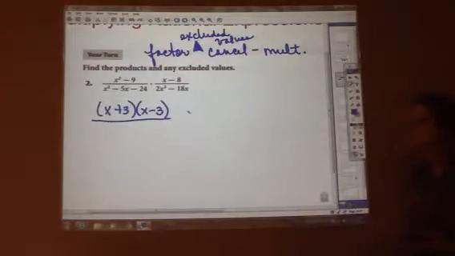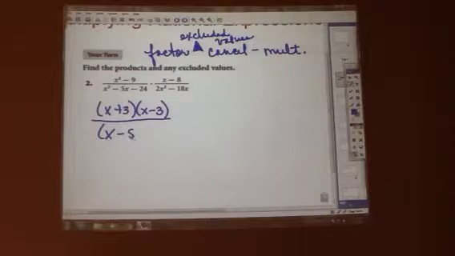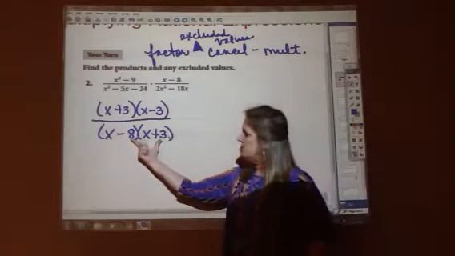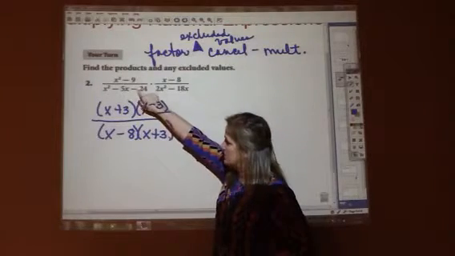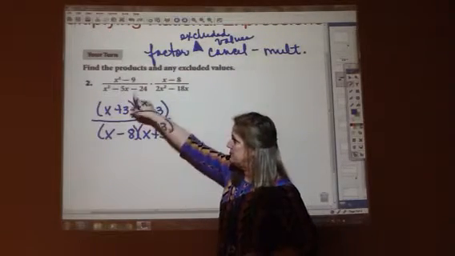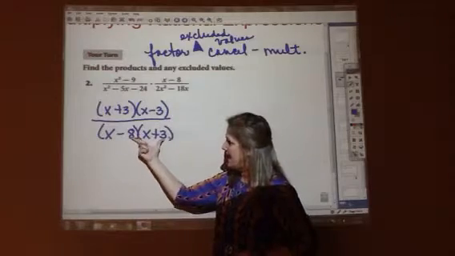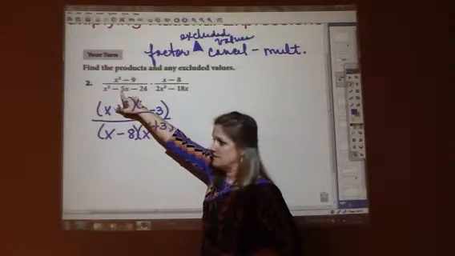X minus 8, x plus 3. These two have to multiply to give me negative 24 and add to give me negative 5.